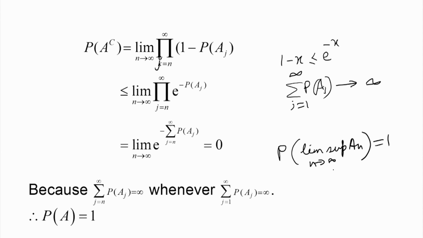The constraint is that the sequence A_n must be mutually independent, and the summation of the probability of A_j, j equal to 1 to infinity, diverges. Then the probability of this limiting event is equal to 1. Therefore, we have established the Borel-Cantelli lemmas. It has two parts.